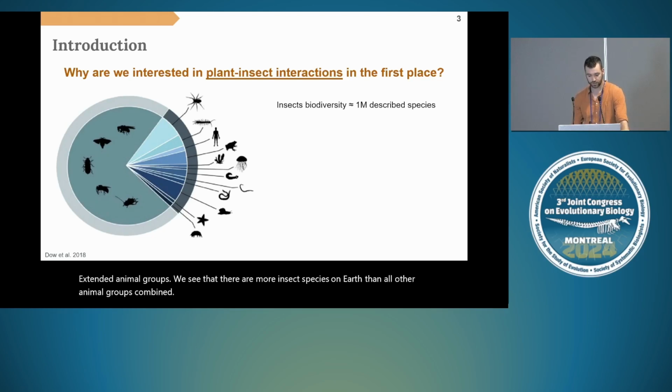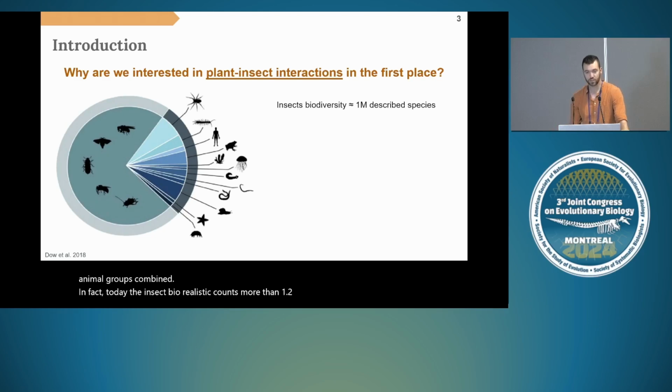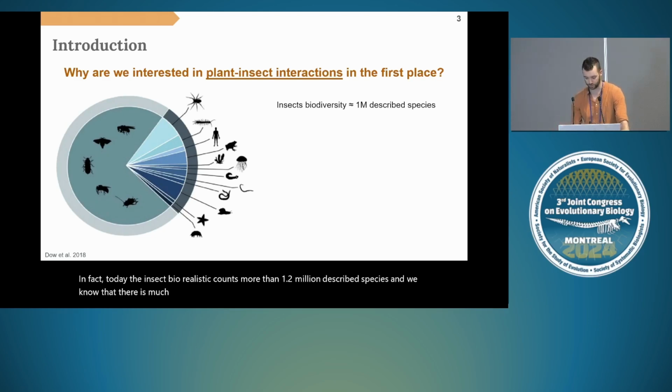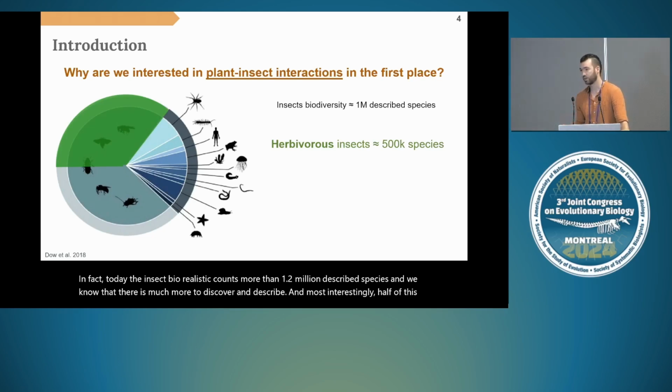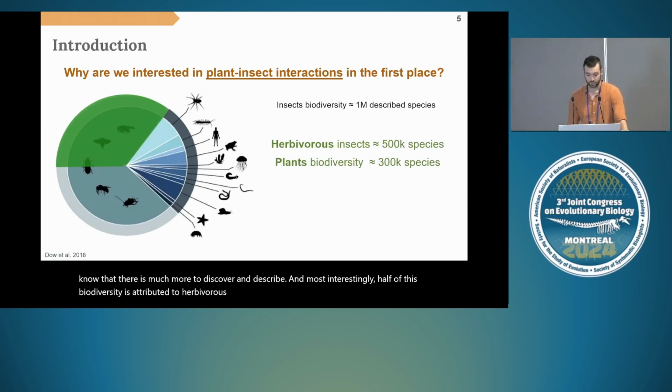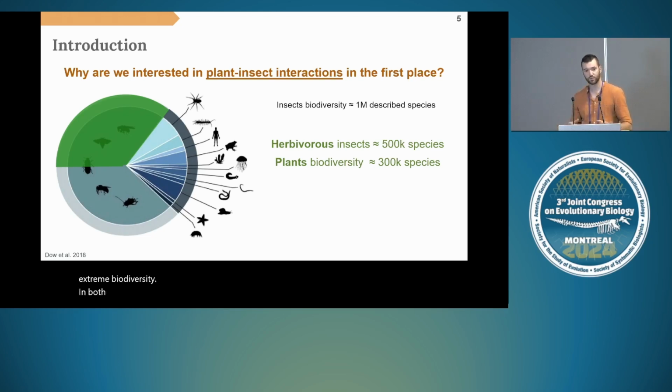In fact, today, insect biodiversity counts more than 1.2 million described species, and we know that there is much more to discover and describe. And most interestingly, half of this biodiversity is attributed to herbivorous insects. This is not that surprising when we look at the diversity of plants, which is also enormous. And the evolution of this extreme biodiversity in both groups is often attributed to their interaction.